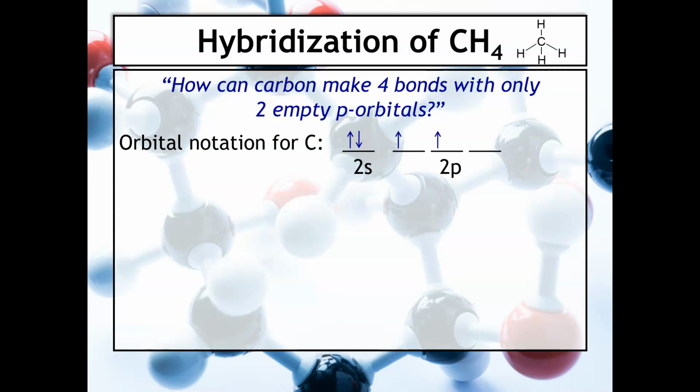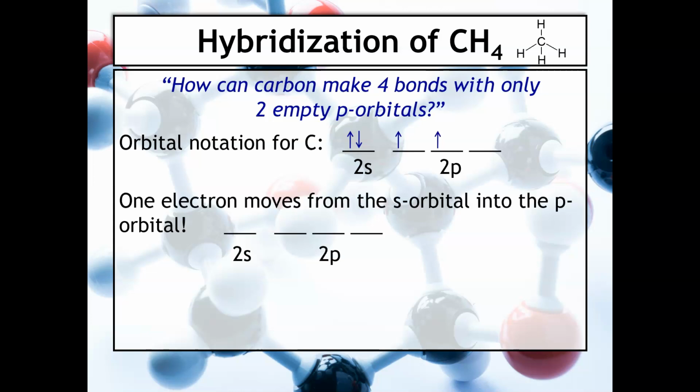This is where hybridization becomes a very effective tool to help us understand how this must happen. So that must mean that an electron experiences what we call electron promotion and is pushed into that 2p orbital. So the 1 extra electron from the 2s is going to be promoted into the 2p.